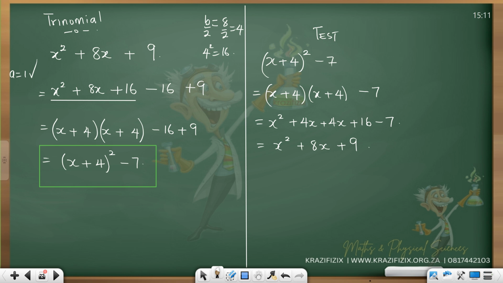So please take note. Your b over 2, you square it, you add it, you subtract it, and then we can use it to solve an equation, which we are going to do almost now.